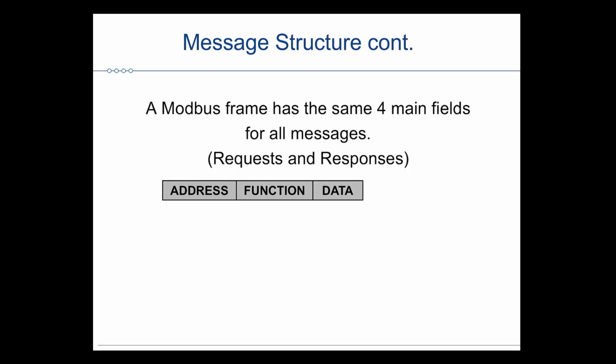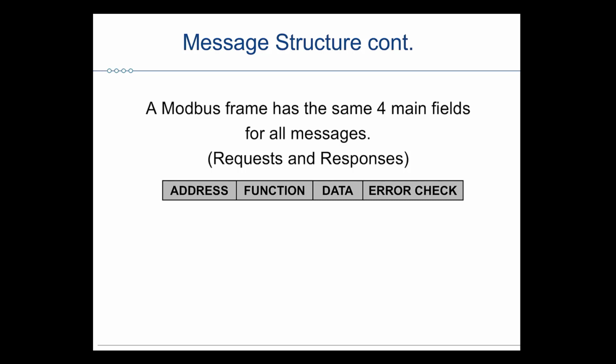The next one is the data field. And then the last one is the error check field. So those are the four fields that we can identify in every Modbus message or every Modbus frame. Notice how we're using the word frame. That's used for asynchronous data, a frame, a data frame.